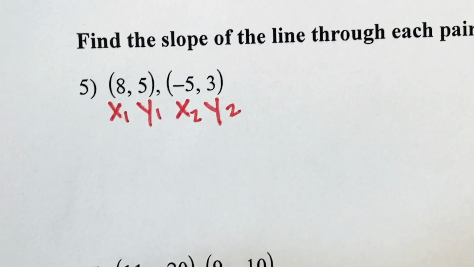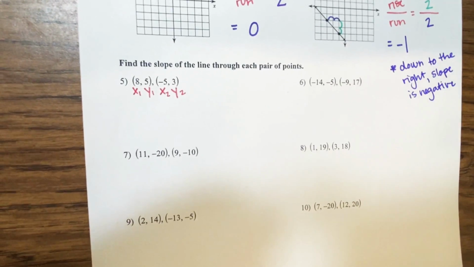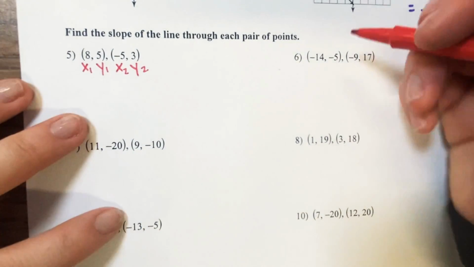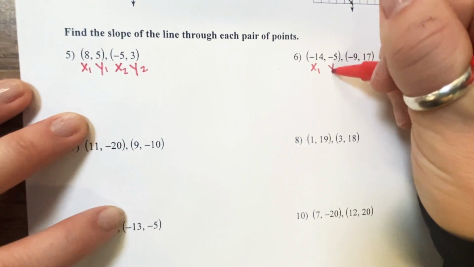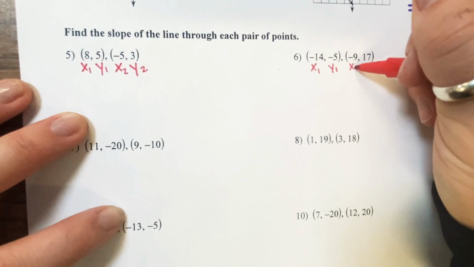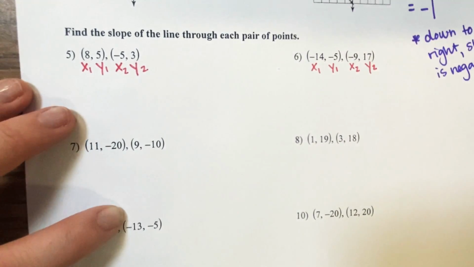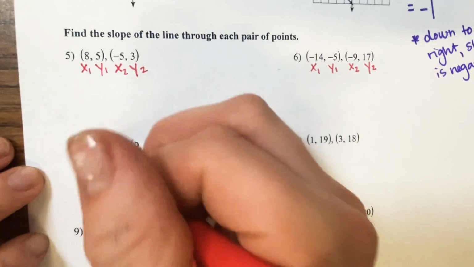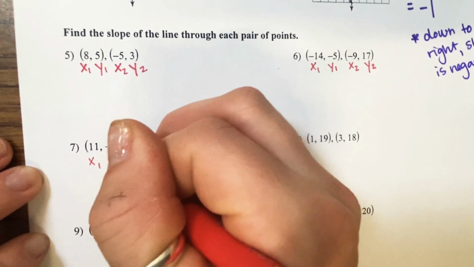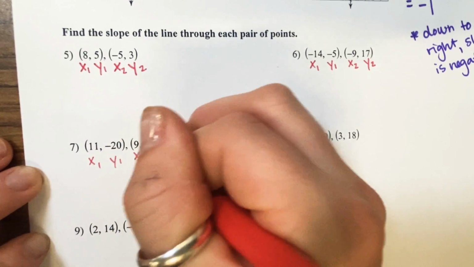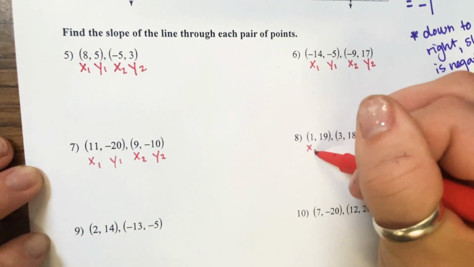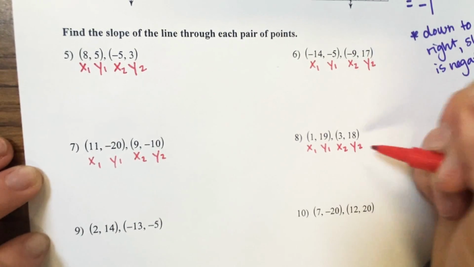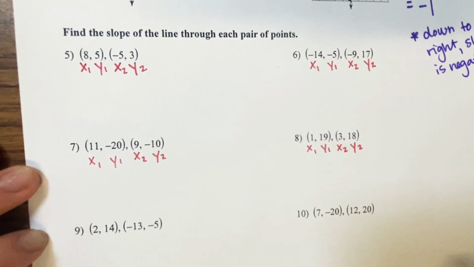Now I want you to do the same thing on all 6 of these problems. On 6, this is going to be X1, Y1, X2, and Y2, meaning my first coordinate point and my second coordinate point. Same thing: x1, y1, x2, y2. Do that same thing for all of these problems.